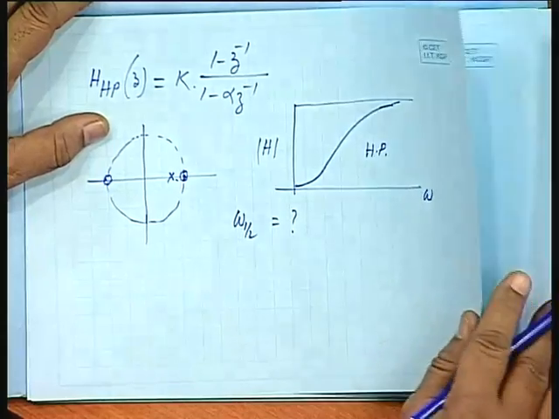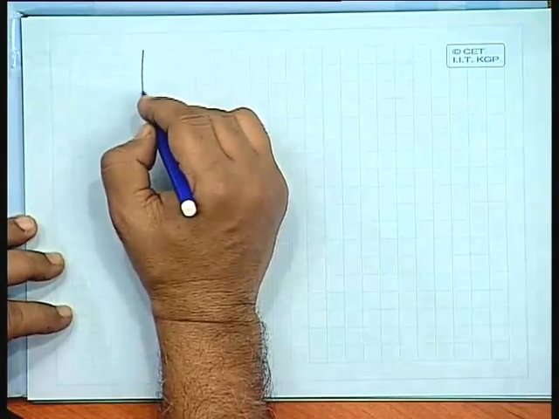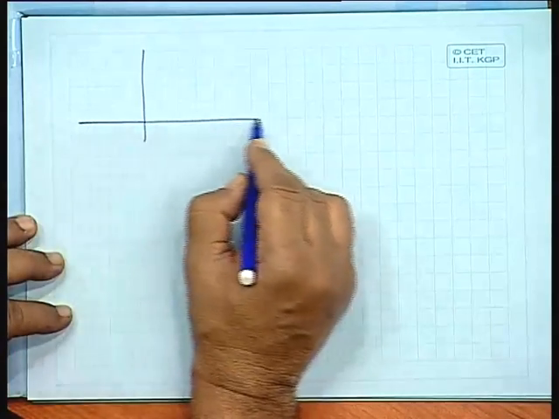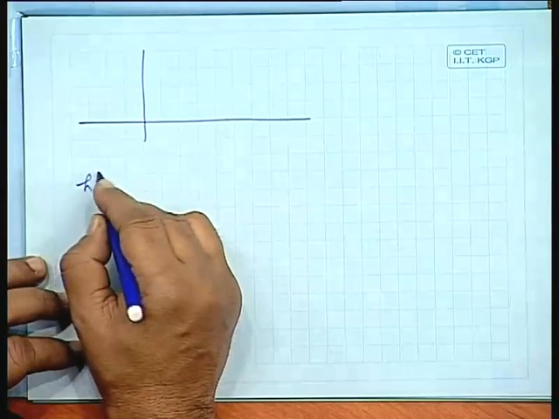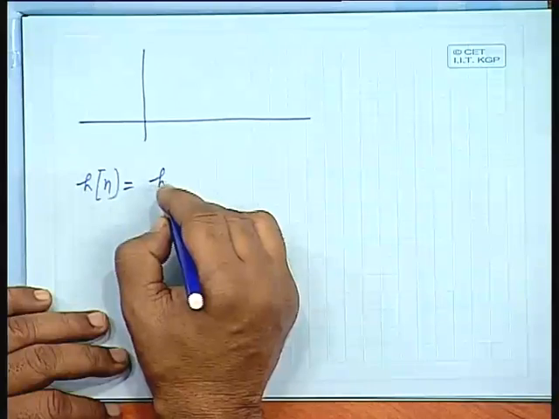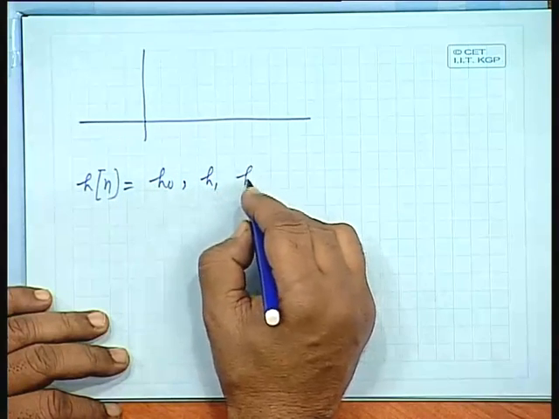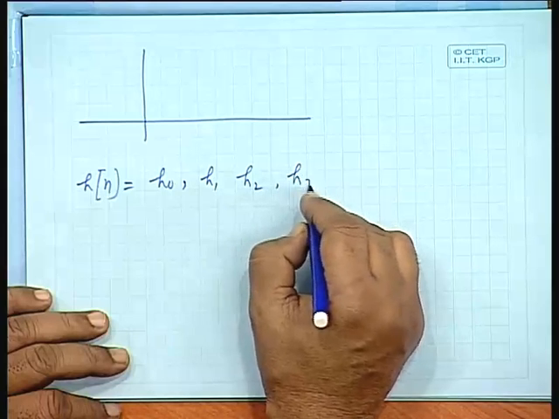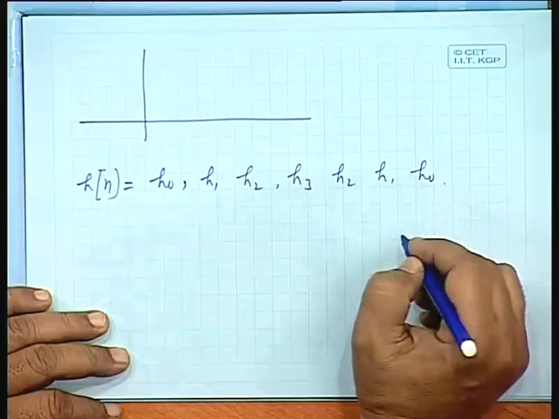Now let us take some interesting distribution of the filter coefficients. Suppose we have a symmetric distribution, okay. H n is a finite length, that is only the numerator again, only the zeros, which is H0, H1, H2, H3, H2, H1, H0.